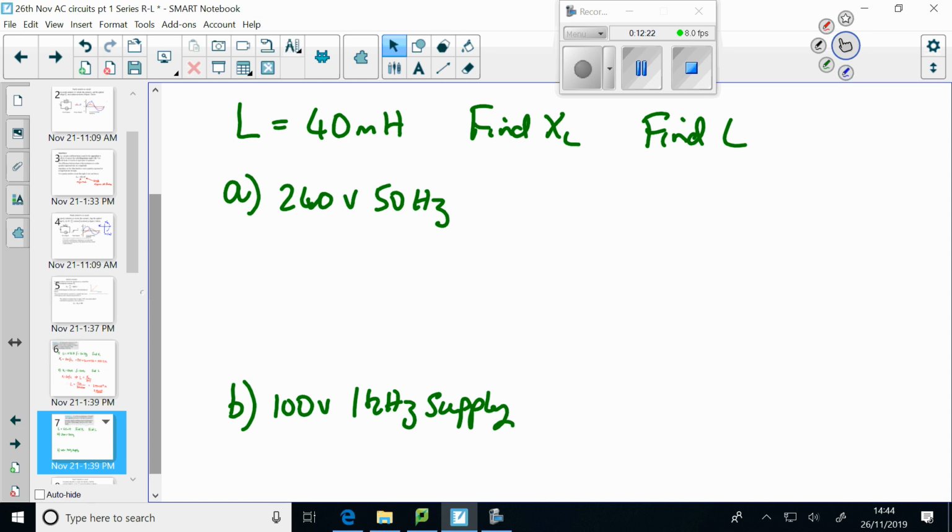So what do we need to do first? Find current, that should be I, not L, and XL for A.